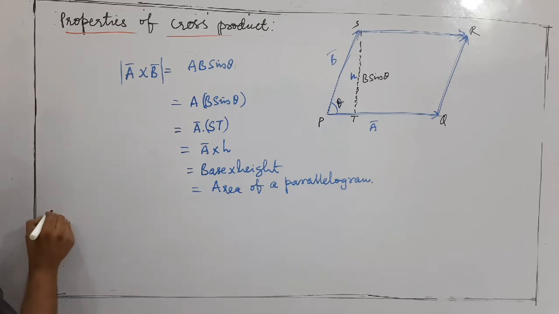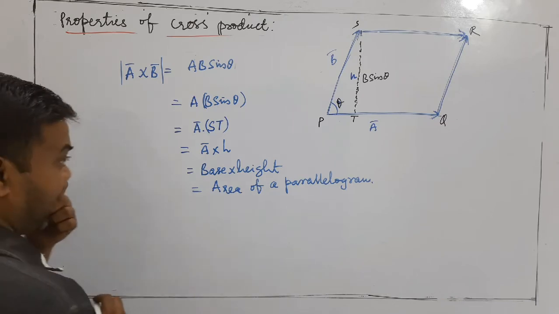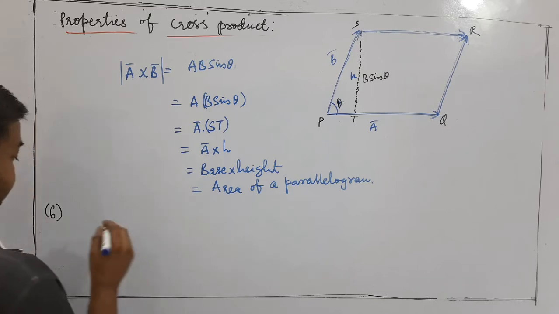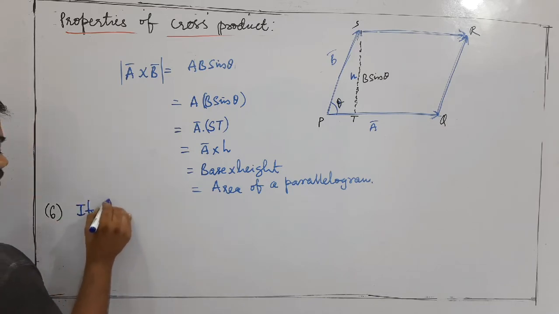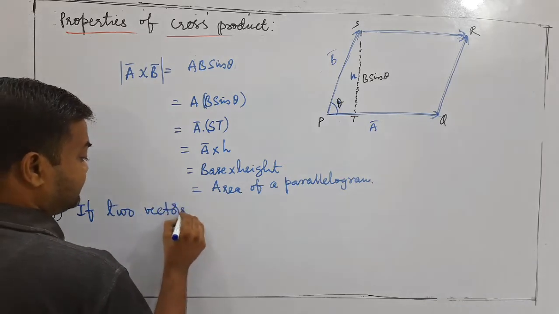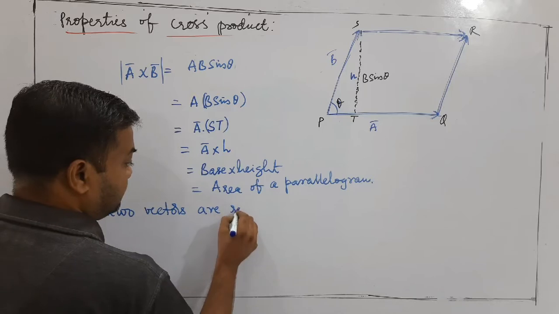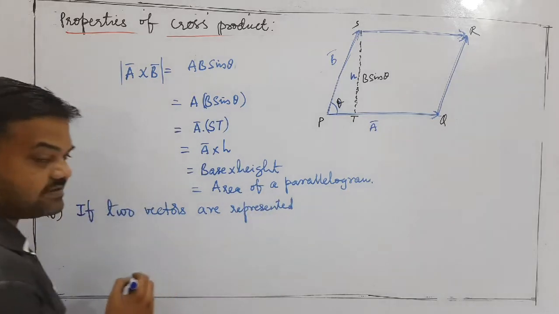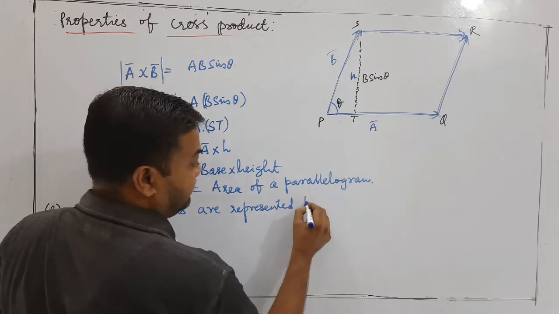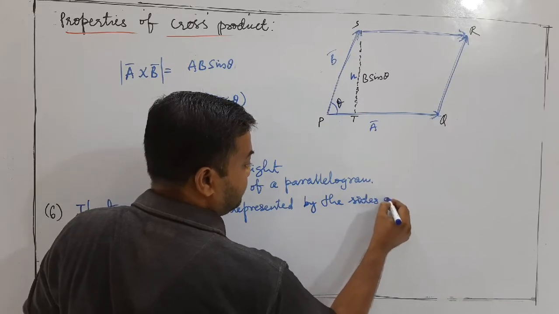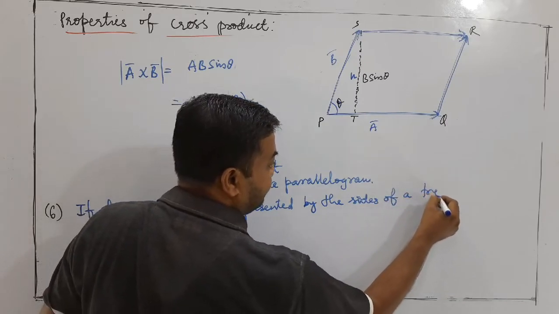Okay, sixth property. Same way, if two vectors are represented by the sides of a triangle.